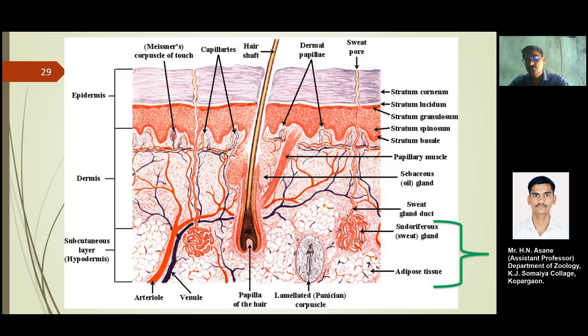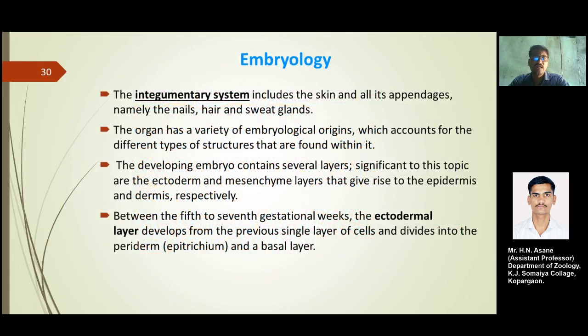Now as you can see, the embryology of the skin. This highlighted point shows how the skin organ forms and from which layer. We have seen in the second session of histology, in the second lecture, that it originates from the ectodermal layer.